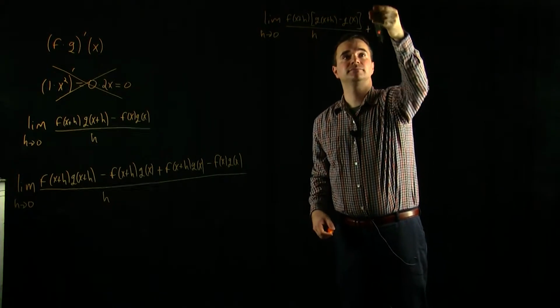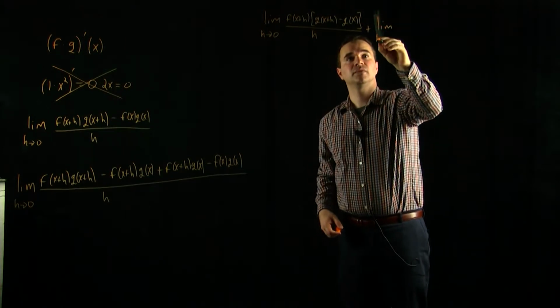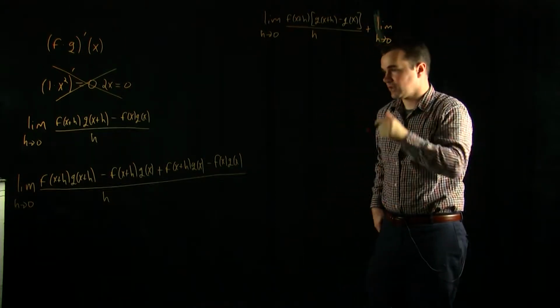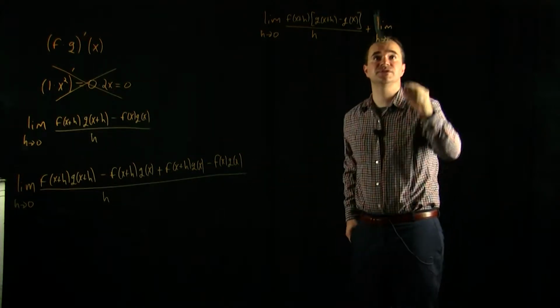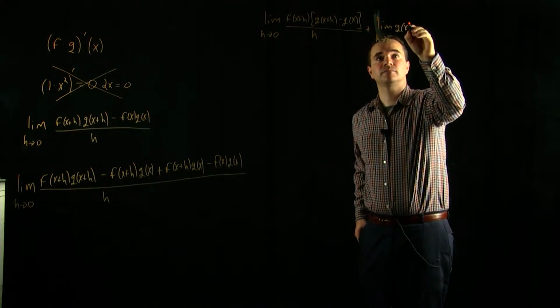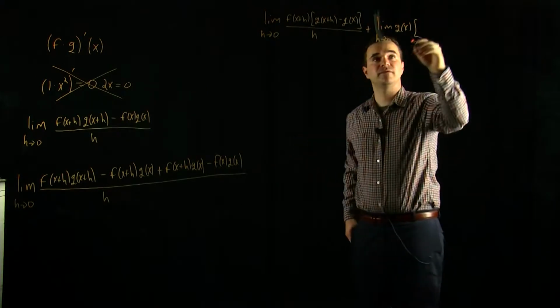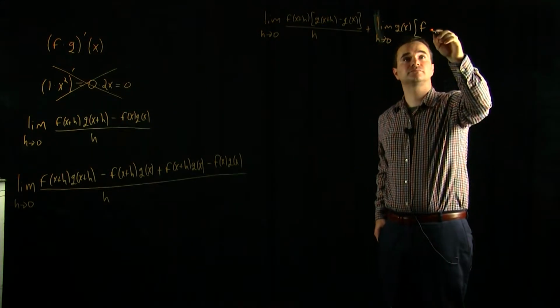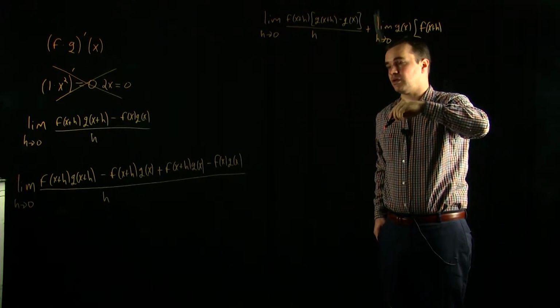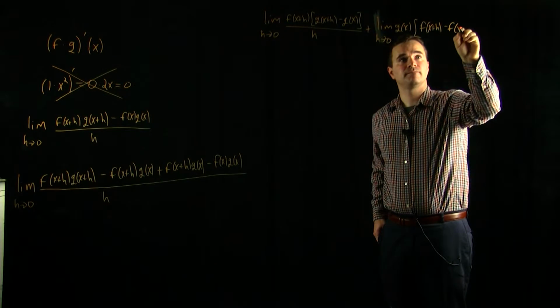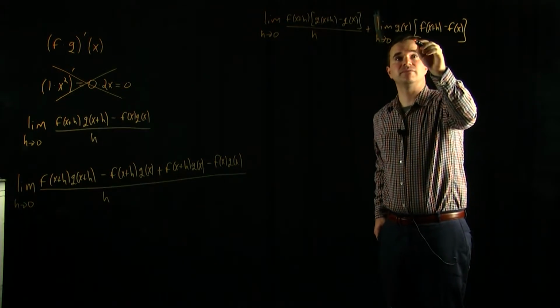So the limit as h goes to 0 of this last part. And here I'm going to factor out the common term, which is g of x. And I'm going to be left with f of x plus h minus f of x, everything divided by h.